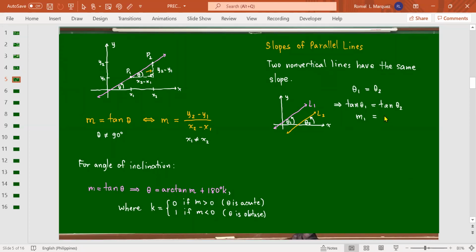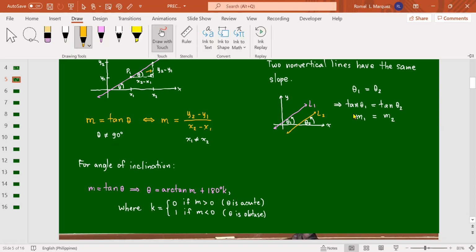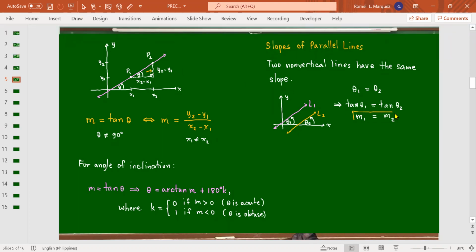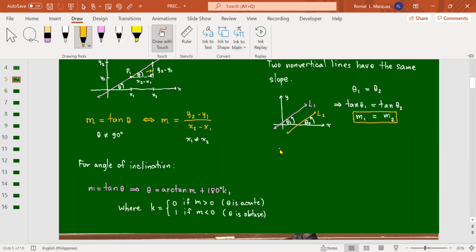So m sub 1 is equal to m sub 2. Get it, children? So this is how their slopes are related. Okay, guys? What about if lines are perpendicular?